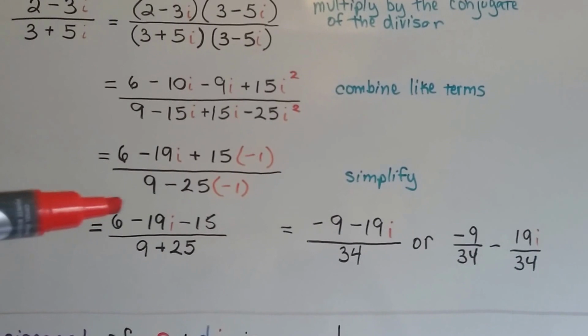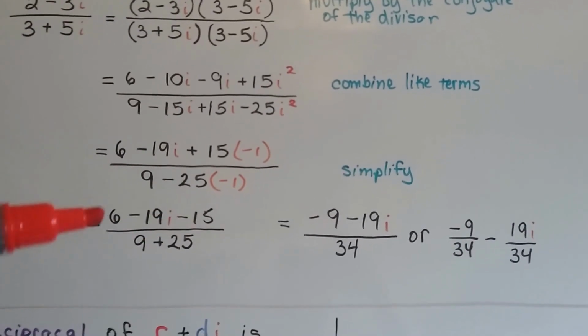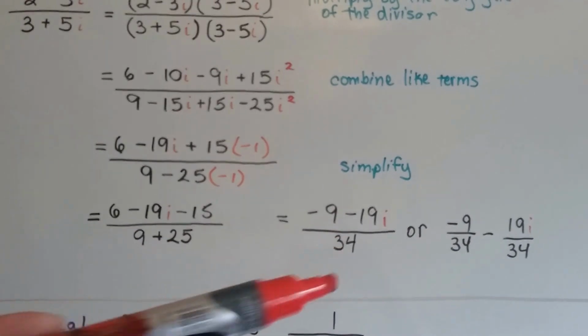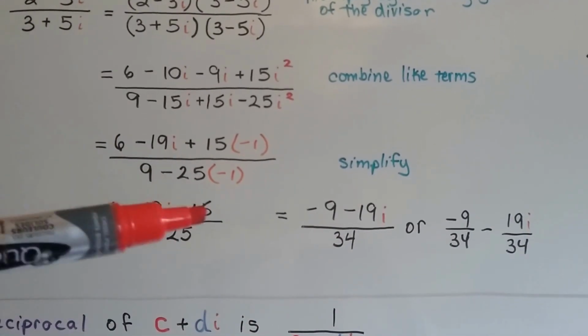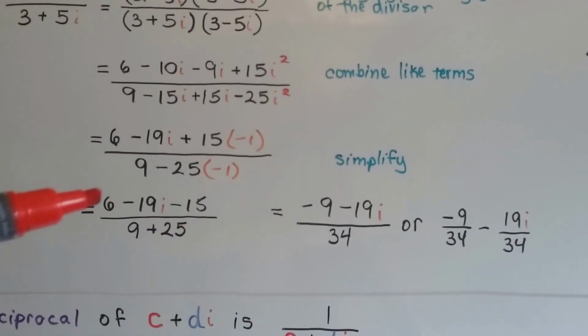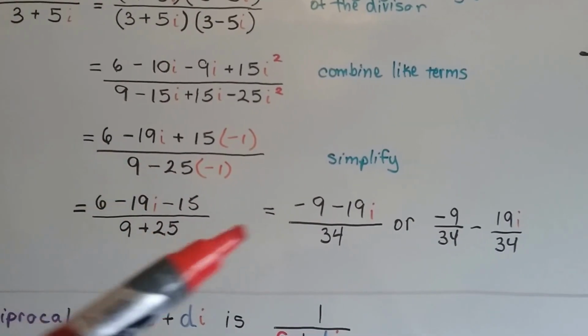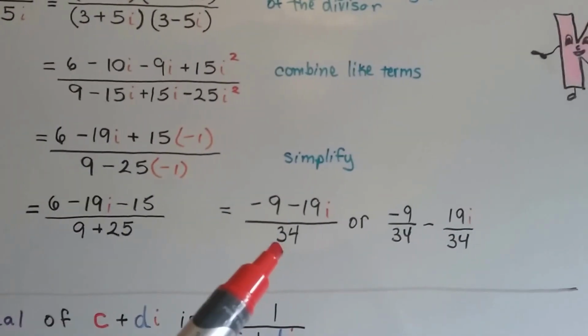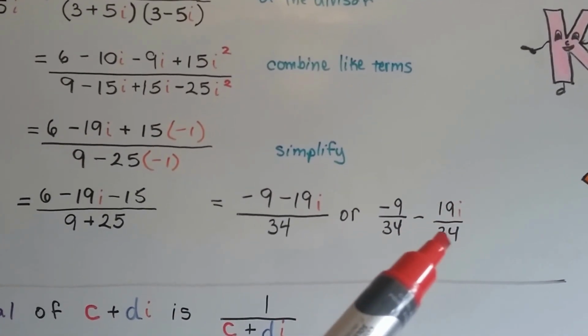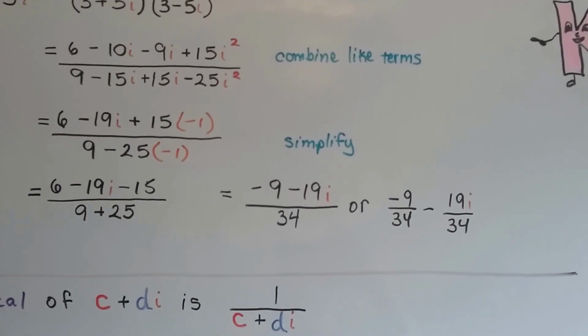So that means we get 6 minus 19i minus 15 over 9 plus 25. 9 plus 25 is a 34, isn't it? So combining like terms, we get negative 9 minus 19i. See? 6 minus 15 is a negative 9. We can also rewrite it as negative 9 34ths minus 19i 34ths. See?